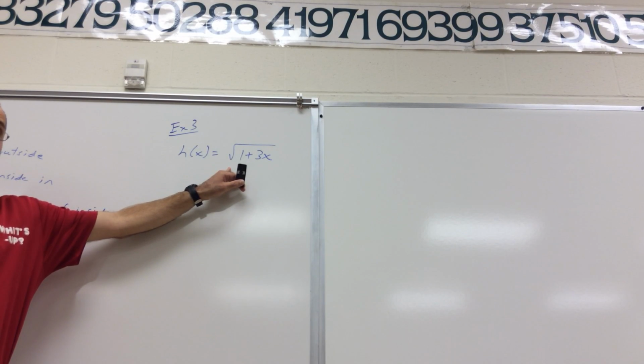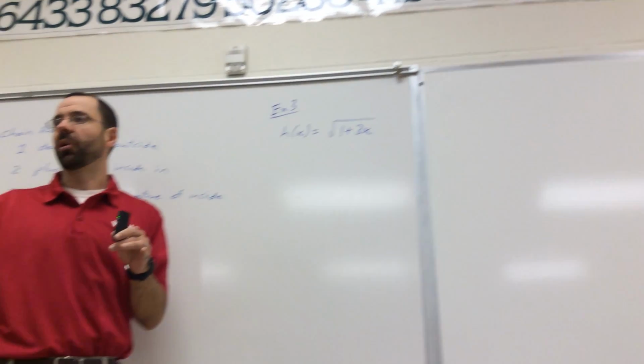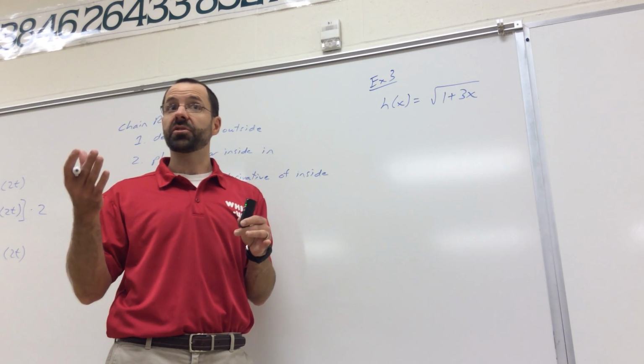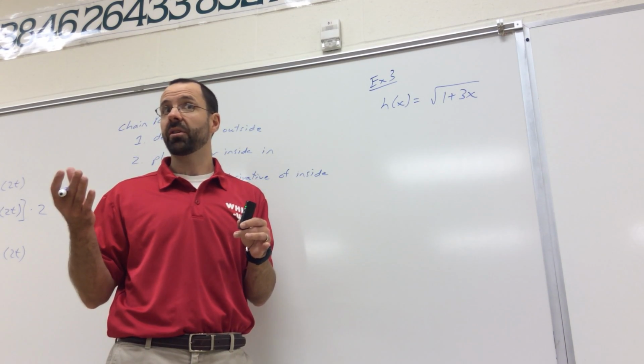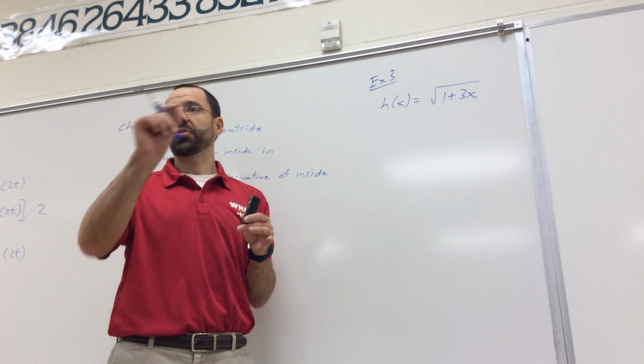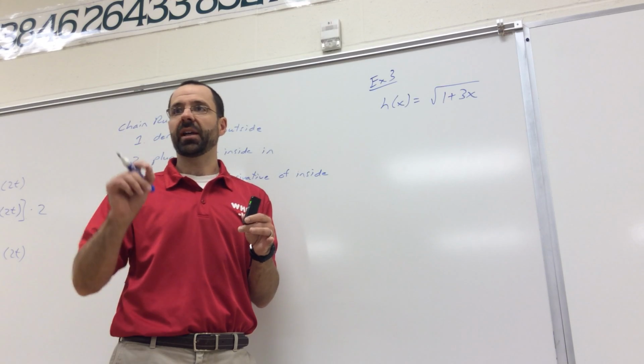One plus 3x, right? And then what's the outside function? X to the 1/2. Okay, so first of all, it's the square root of x, which is the 1/2 power, right? So outside function is the x to the 1/2 power, and the first step is to take the derivative of that. So that's 1/2 x to the negative 1/2.